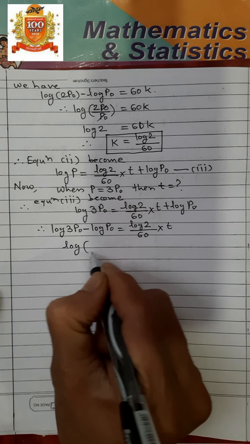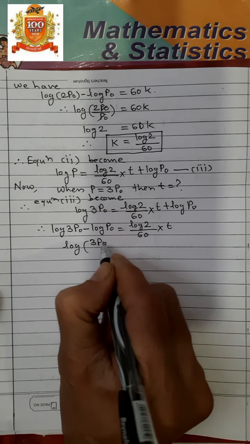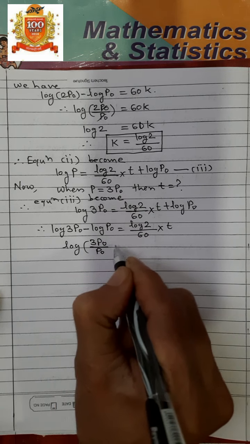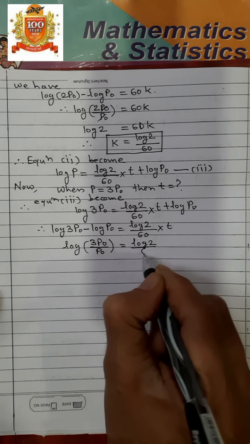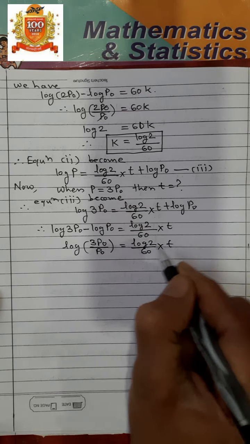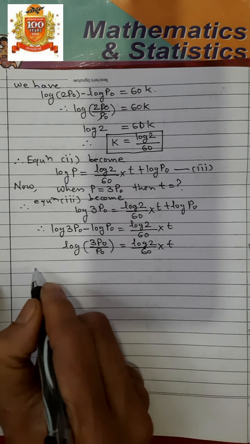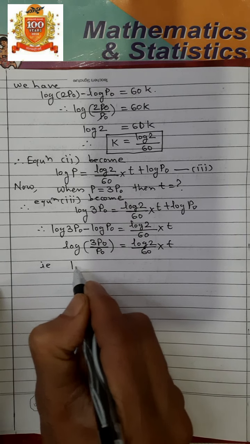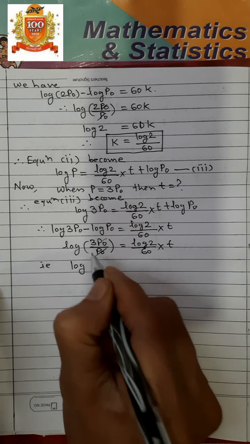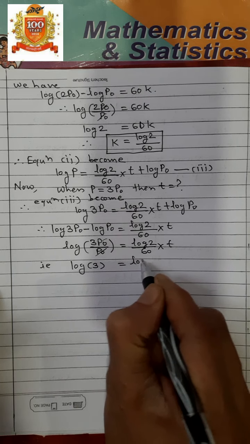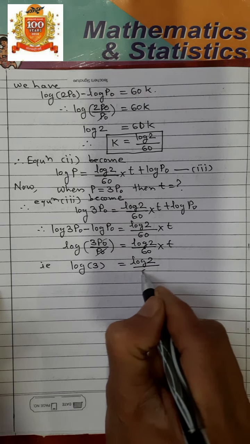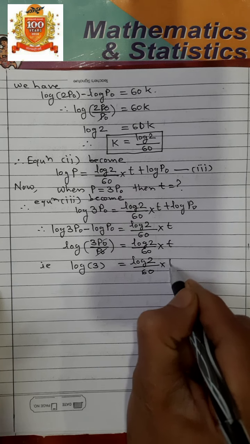Log of 3P0 upon P0 is equal to log 2 upon 60 into t. That is, log of 3 is equal to log 2 upon 60 into t.